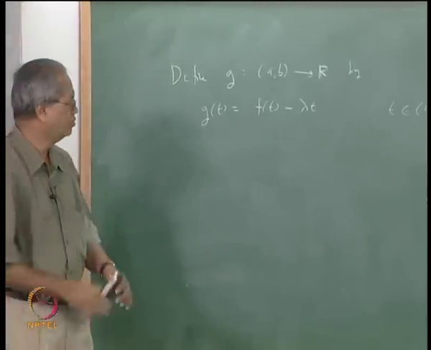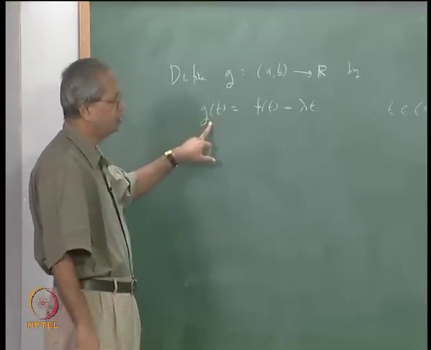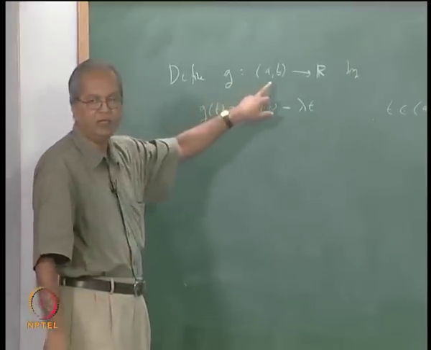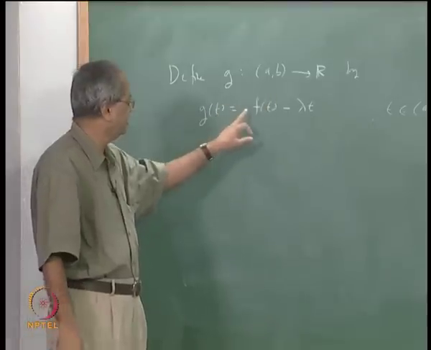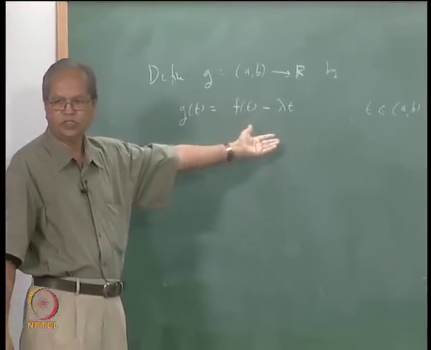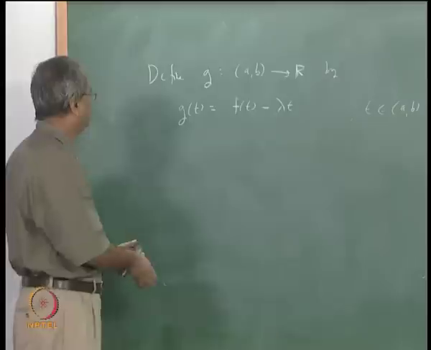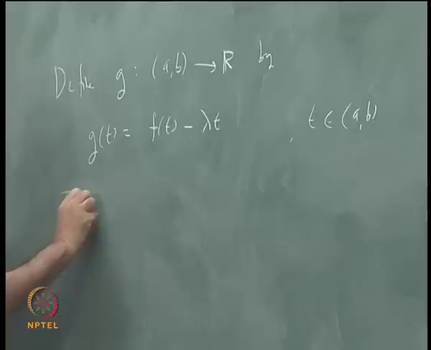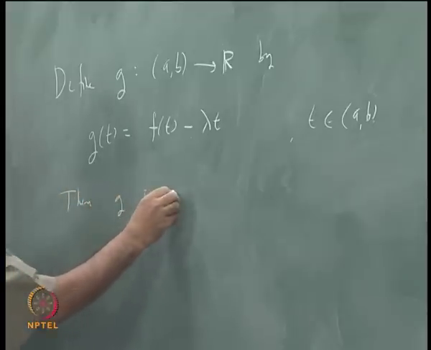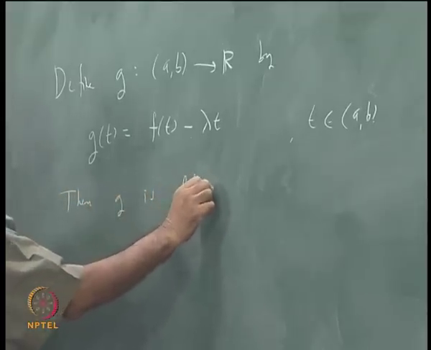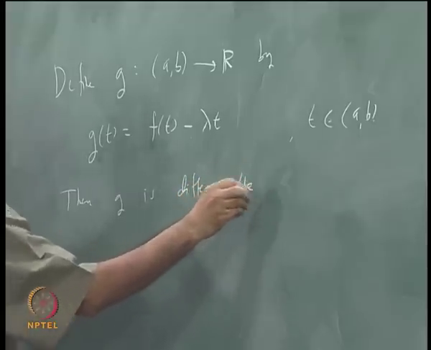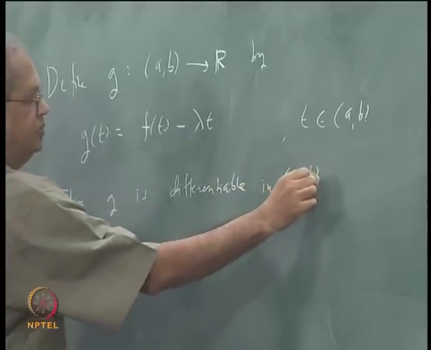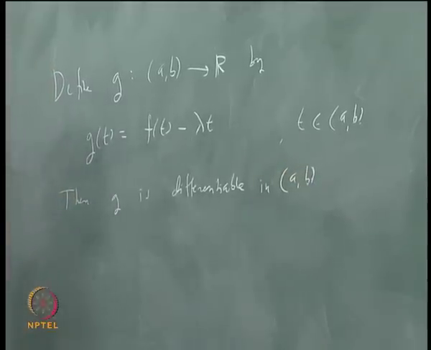Okay. Now what can we say about G? First of all, is it clear that G is also differentiable in AB? Okay. Because what is G? F is differentiable and lambda times t is also differentiable, in fact its derivative is lambda. Okay. So we can say that then G is differentiable in AB. Okay. What is G prime at any point?